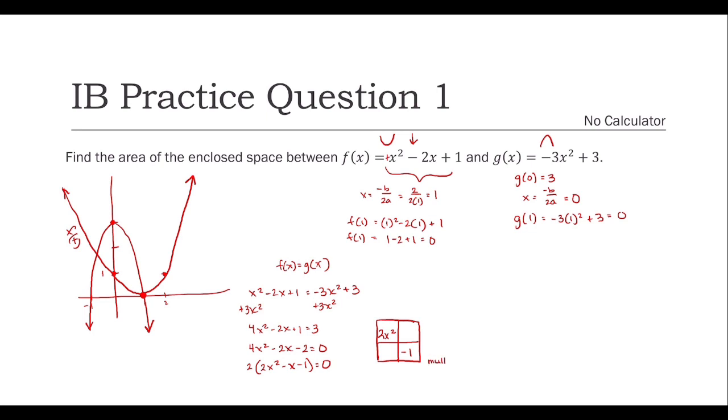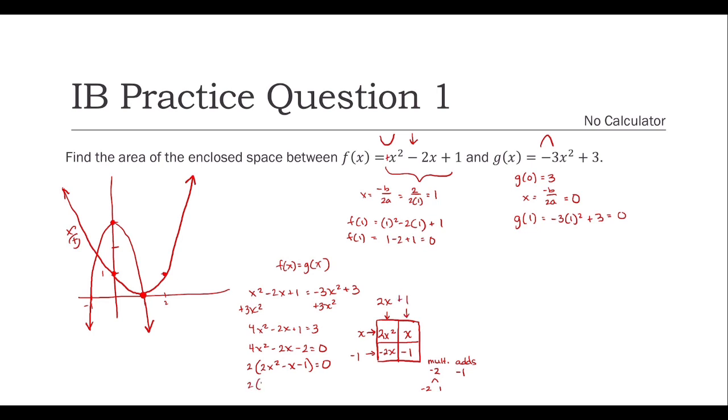So we need to find what multiplies to negative 2 and adds to our b value, which is negative 1. So that's going to be negative 2 times positive 1. So we'll do negative 2x and just x here. Then we can pull out our greatest common factors to get x minus 1 and 2x plus 1.